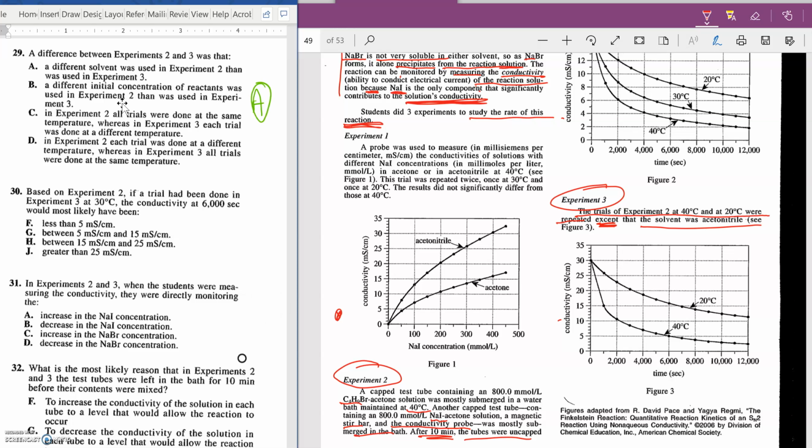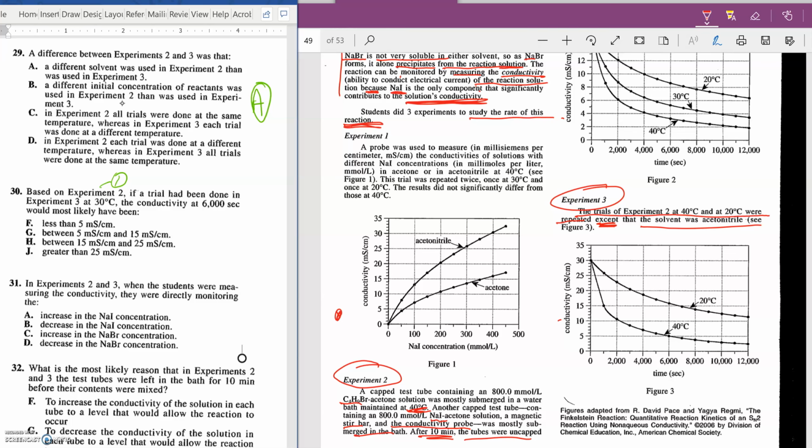Okay, based on experiment 2, if a trial had been done in experiment 3 at 30 degrees, the conductivity at 6,000 sec would most likely have been. Right, experiment 2, if a trial had been done at 30 degrees. Experiment 2 was done at 40 degrees. I've just scrolled all over it. So we have to find experiment 2, step 1, we've done that.